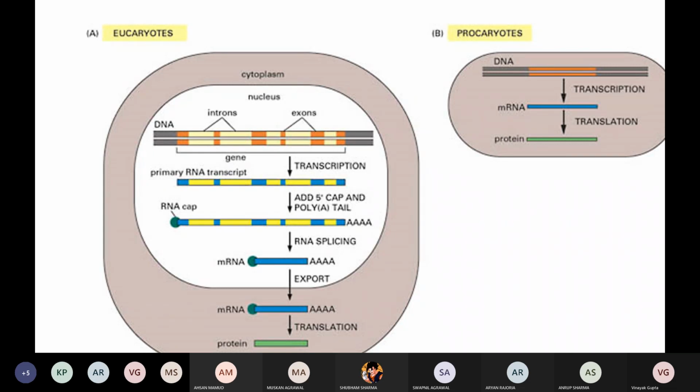Sir, in eukaryote, mRNA will have cap. In prokaryote, it will not have cap. Okay, yes. So there are three differences. One is capping.